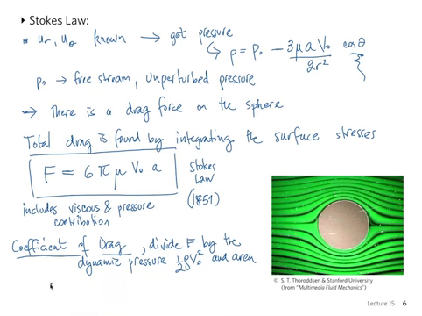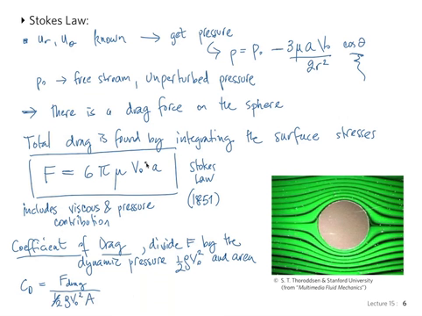This defines the drag coefficient, which is C_D equal to force of drag divided by 1/2 rho V squared times area.